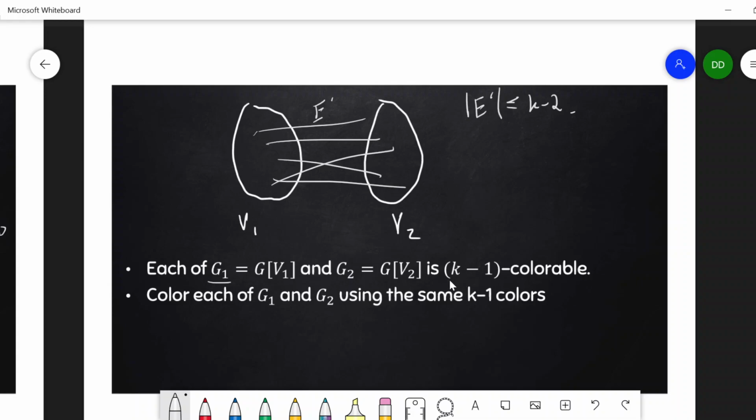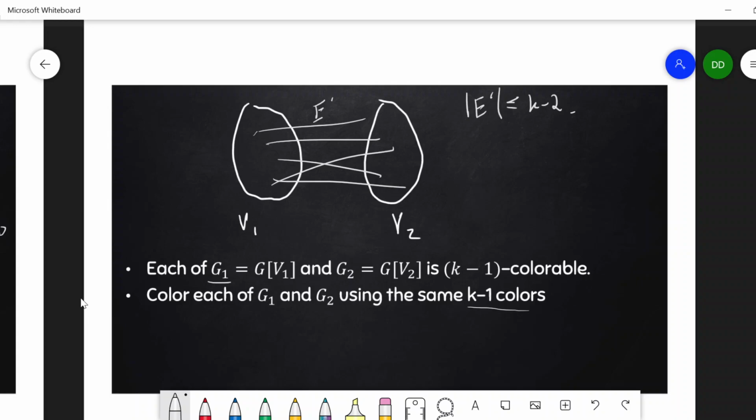And they are both k minus 1 colorable because G is k-critical, and these are proper subgraphs. So each of those is k minus 1 colorable, and we'll color each of them using the same k minus 1 colors.